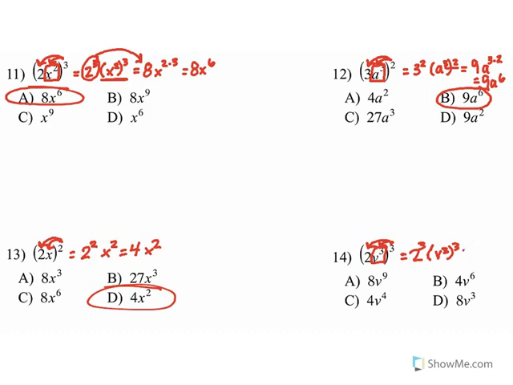Well, what is 2 to the third? 2 to the third is 8. And then we have v to the 3 times 3. So we have 8v to the 9th, which is A.